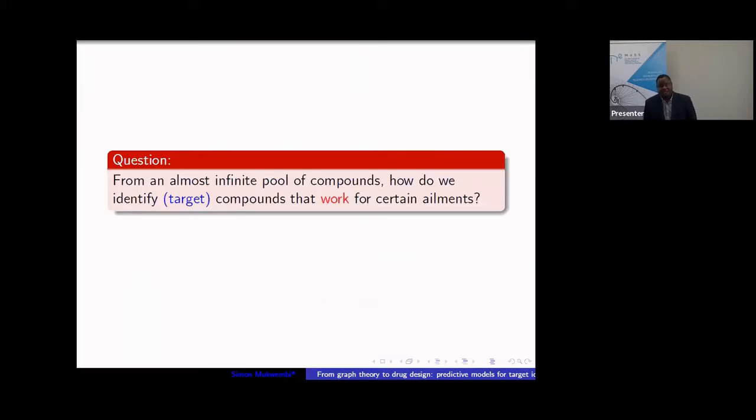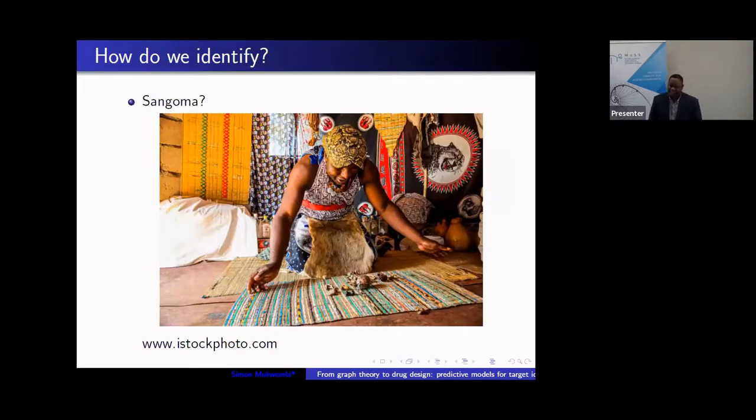So the question that we ask is, we have almost an infinite pool of compounds from where we need to identify the best compounds, our target compounds, which can work for certain ailments. So the question is, from an almost infinite pool of compounds, how do we identify? Well, some of you may say, but it's easy.